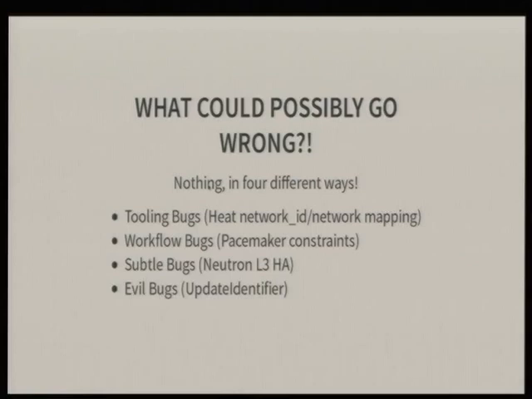Then there are what I call subtle bugs, which are problems caused by existing or maybe old bugs in the actual components that we are trying to update. So not in the tooling that we use, not in the workflow, but just components not behaving as they should when they are performing the update. And evil bugs, so those which we introduced by ourselves, the worst ones, right? The ones that we feel responsible about more than the others.